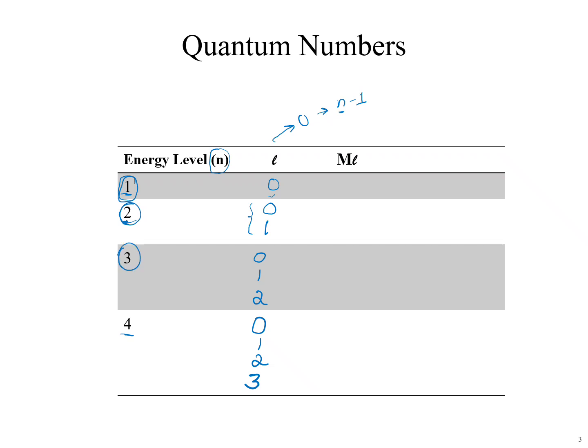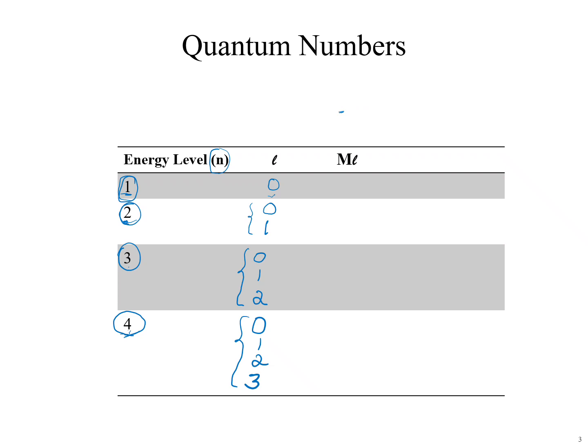For the third energy level, n is 3, and I have three possible values of l. For the fourth energy level, n equals 4, and I have four possible values of l. So the number you have for the energy level tells you how many possible values of l you're going to have for each of those energy levels.